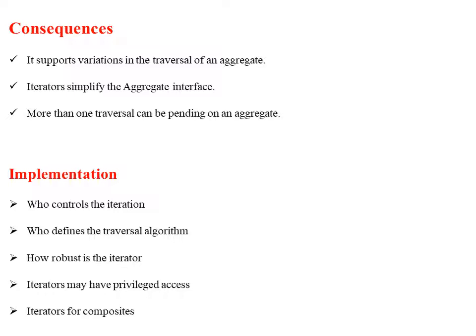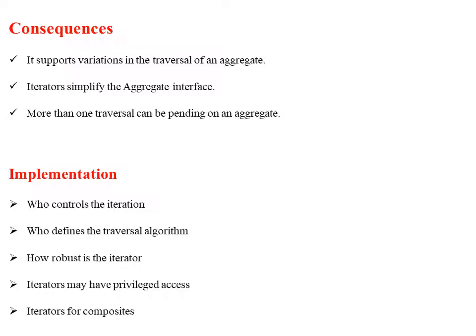The first one is who controls the iteration. Controlling the iteration mainly defines two points: who performs the access of object elements sequentially. Mainly two kinds of iteration exist, external iterator and internal iterator.